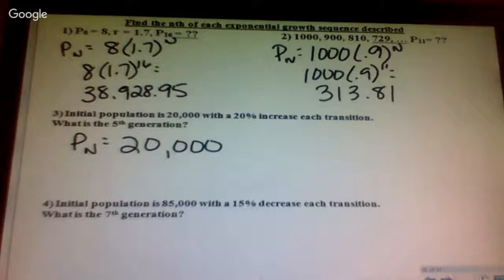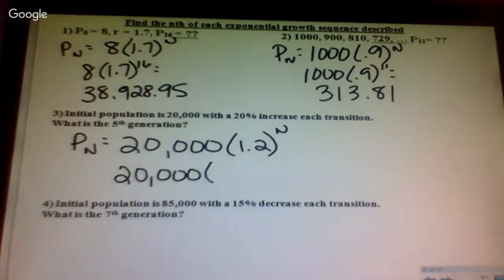My growth rate is a 20% increase, so 1.2 raised to the n, and I need my 5th generation, so we're plugging in 5. That gives 49,766.4.